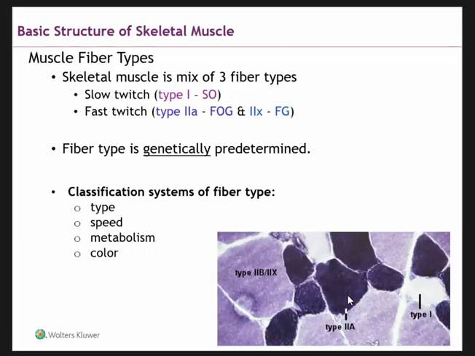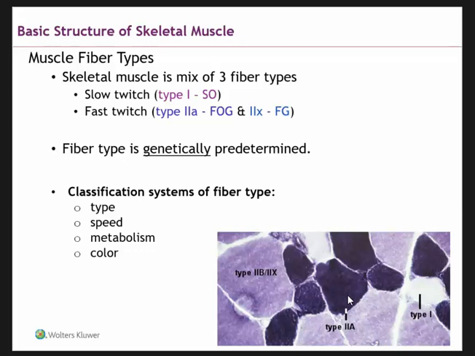The red is due to the myoglobin. So the red color, more myoglobin, more oxygen, more blood flow, versus the white fibers, which don't have as much myoglobin or blood flow. But yeah, that's our classification system, and we'll continue to talk more about this.